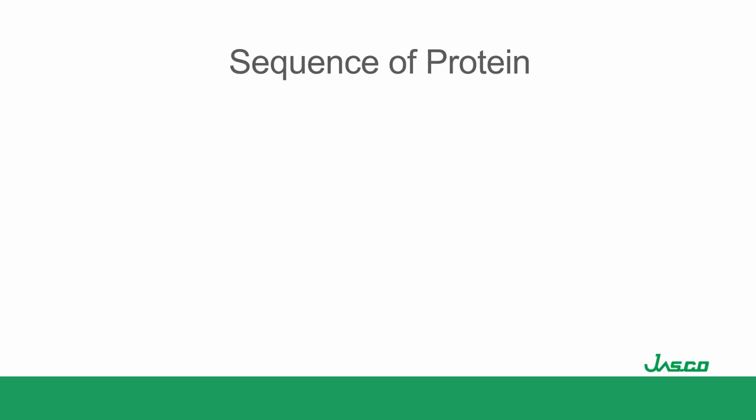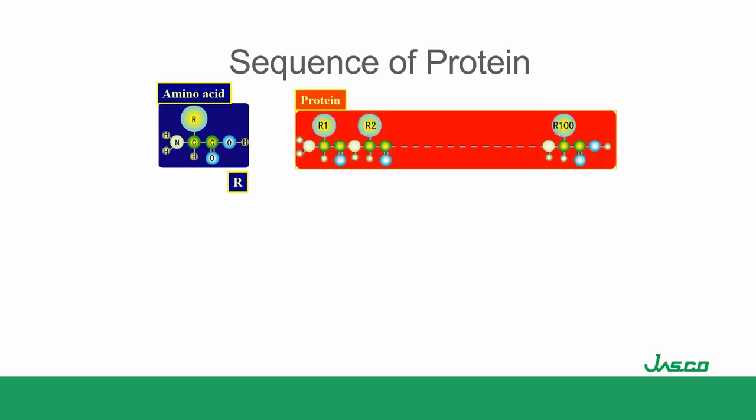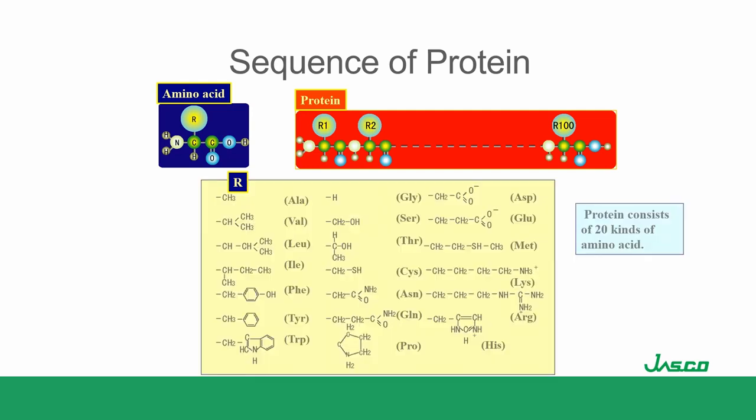The sequence of proteins. Proteins are made of small units that are called amino acids, and these amino acids are connected in what we call amino acid chains. The sequence of these amino acids is very important, and actually it is going to govern the function of the protein.